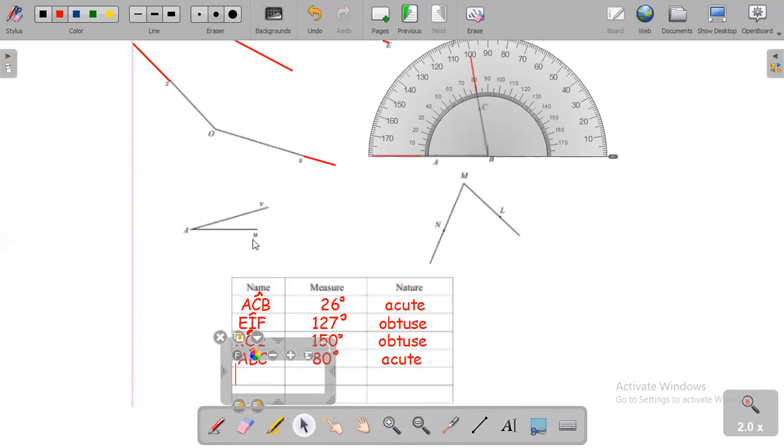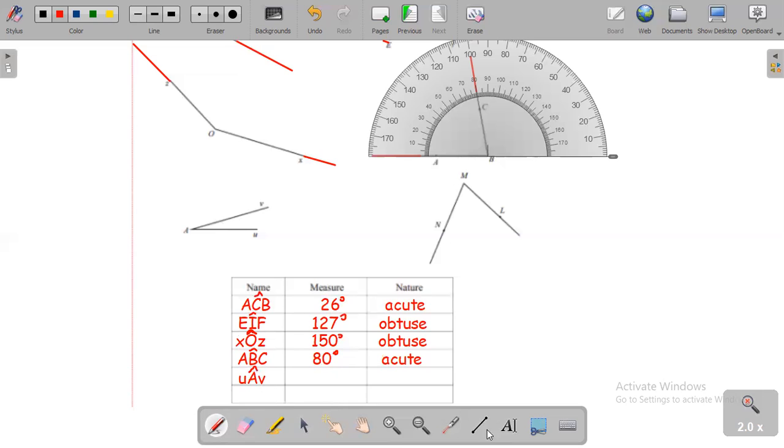And we have the arms UV. So we name it UAV. Small u because we don't have points, capital A, and small v. UAV, and we put hat.